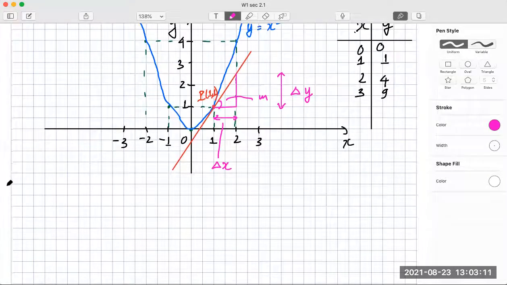And the slope will tell us how steep the line is.